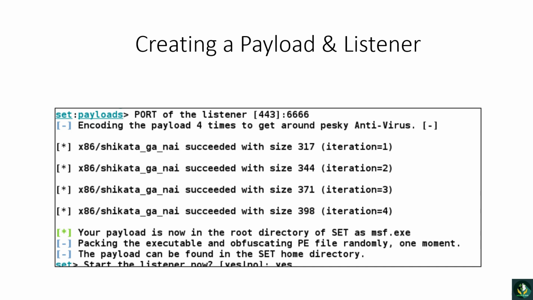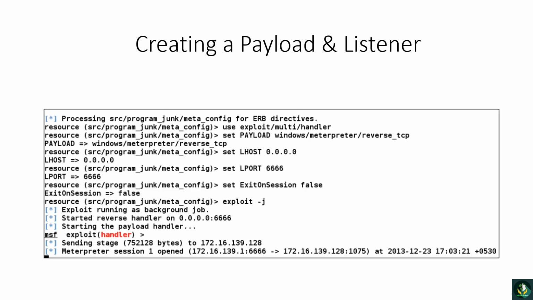If we choose yes, SET launches Metasploit with an exploit handler which will be waiting for incoming connections. As soon as the victim runs the executable file, the payload will make a connection to the attacker system, giving the attacker complete access to the target system, as you can see in this picture.